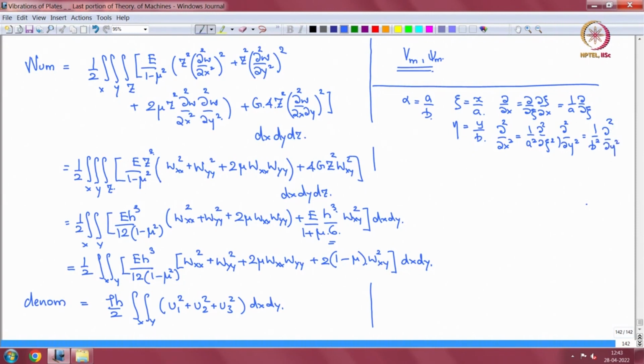So, if we implement this here, what do we get?